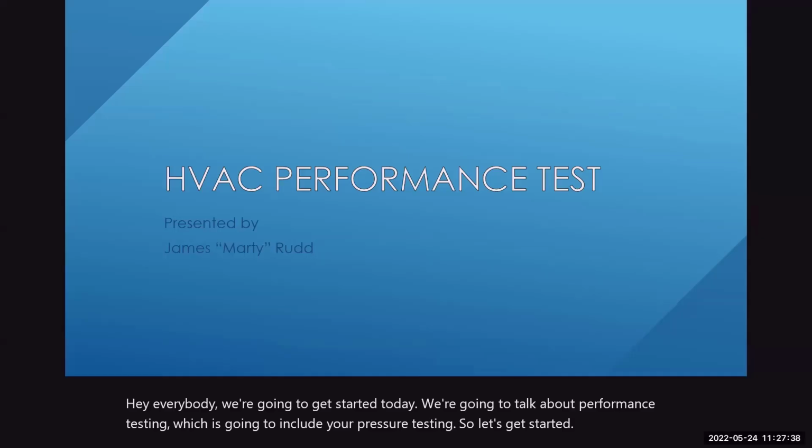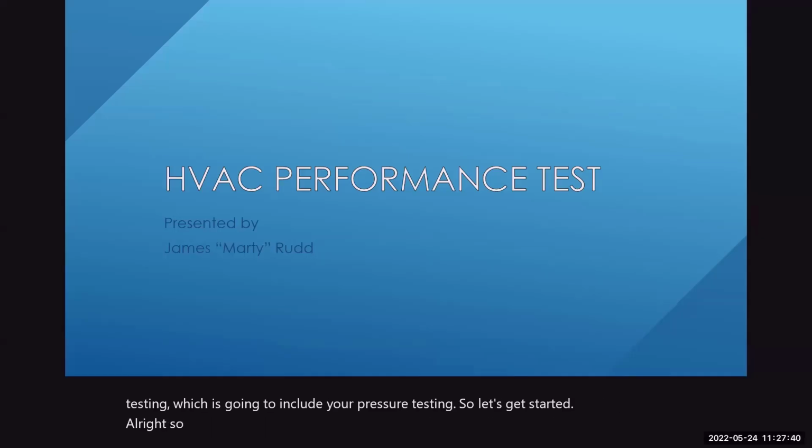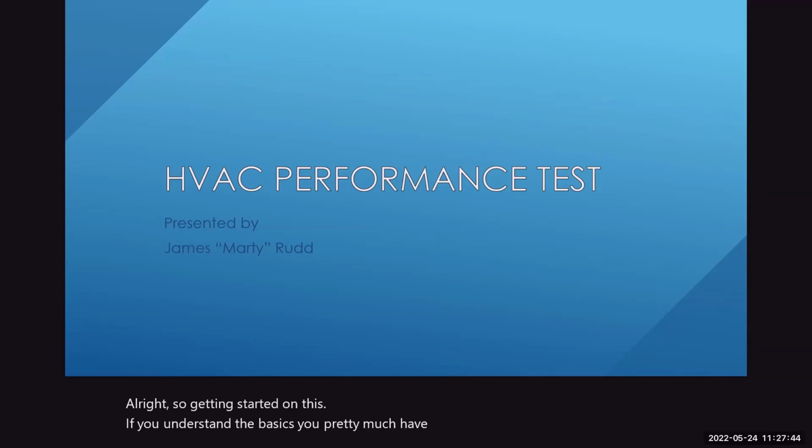All right, so getting started on this, if you understand the basics, you pretty much have it under control. The pressure, if you remember correctly, is really close to temperature.